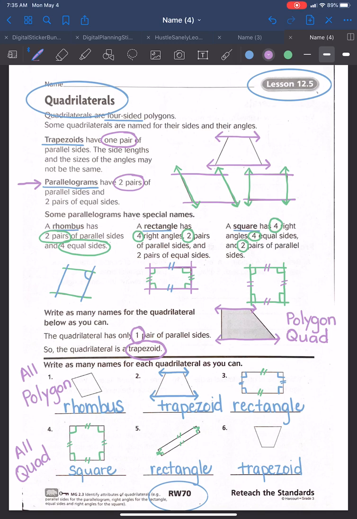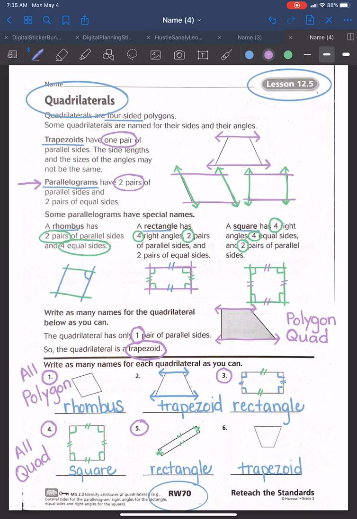Which of these shapes, numbers 1 through 6, has two pairs of parallel sides? Great job. Number 1, number 3, number 4, and number 5. Each of those are parallelograms.